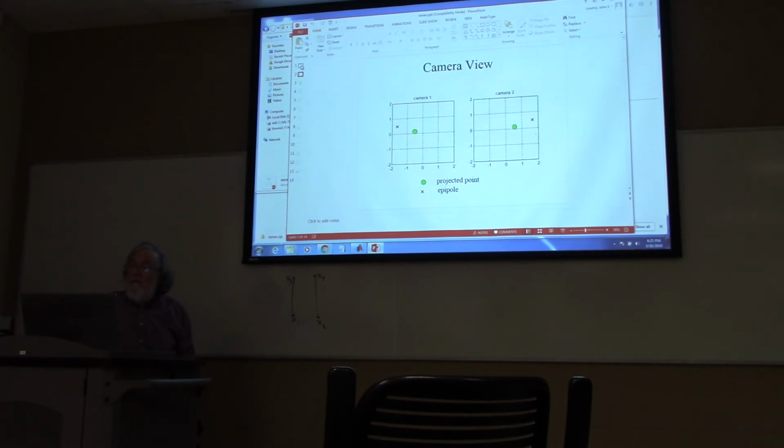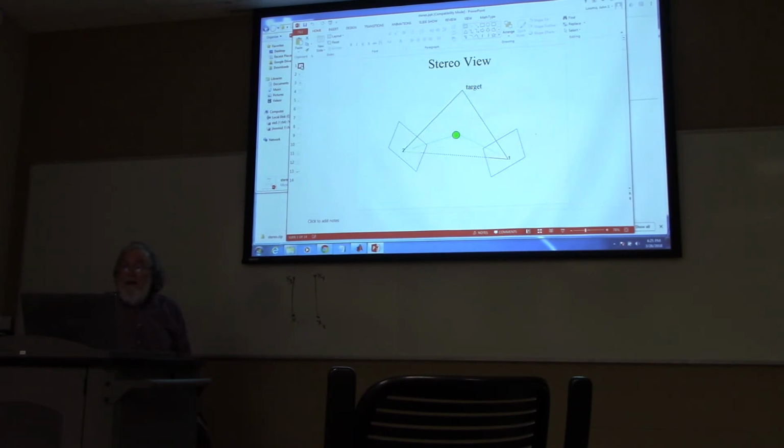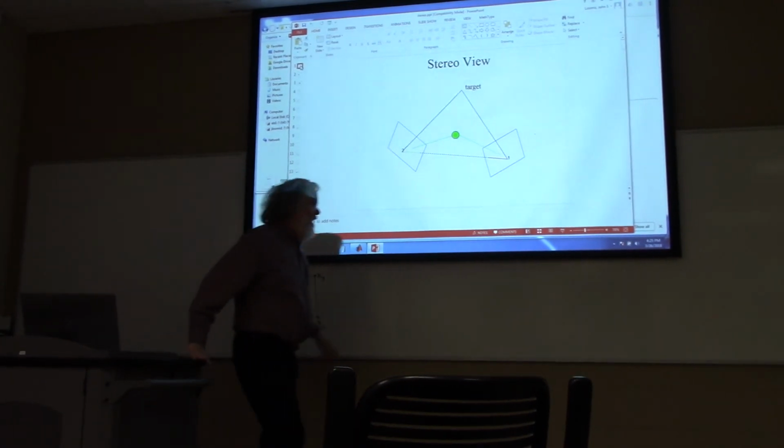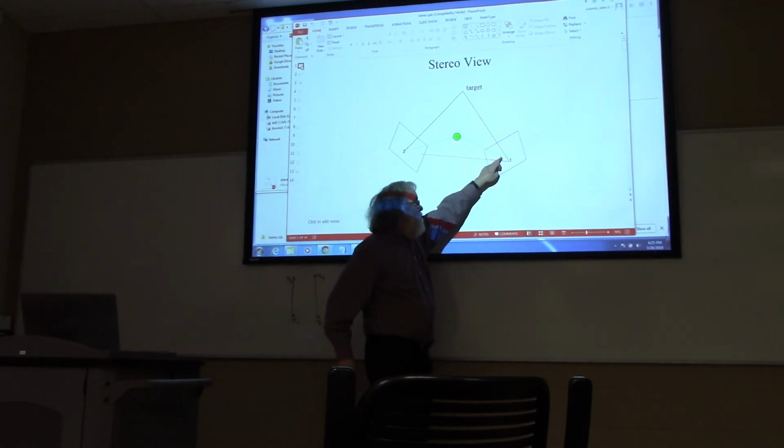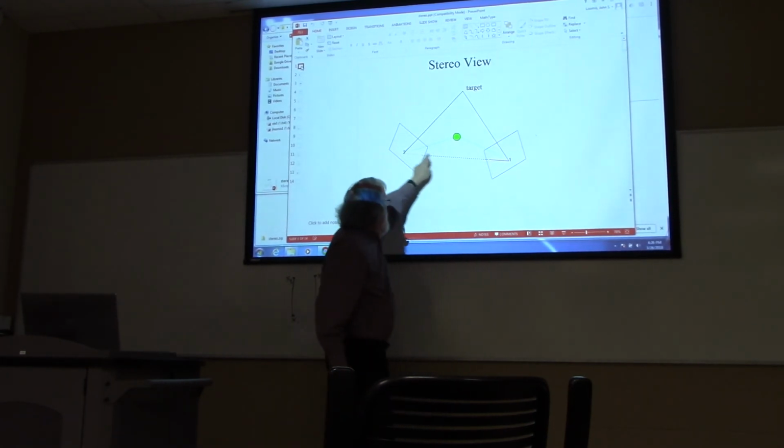Let's back up to here again. When we look at the images, all we really know is where this point is, the image in camera 1, and where that point is, the image in camera 2.